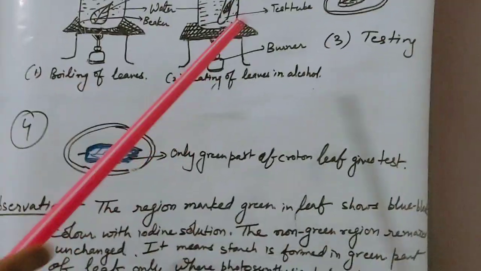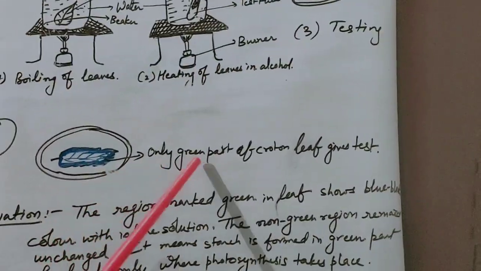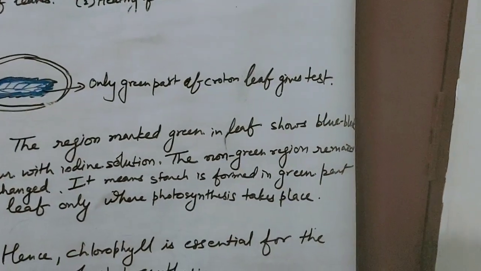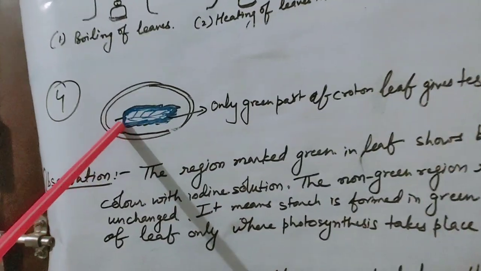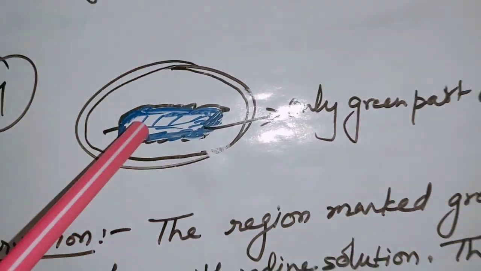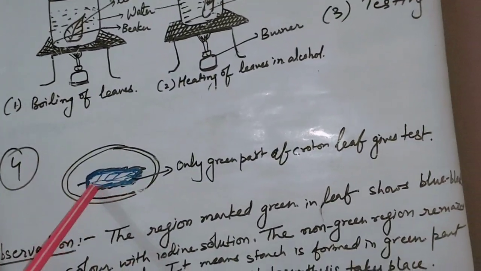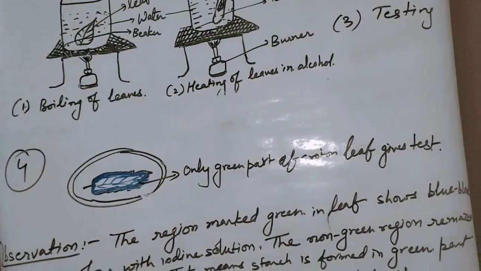The portion where the green color was there in the leaf gives the test with iodine and changes the blue color of iodine into black, whereas the portion which shows the yellow color or white patches of the croton leaf does not give any test with iodine.